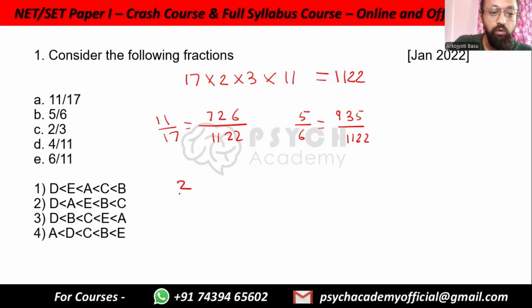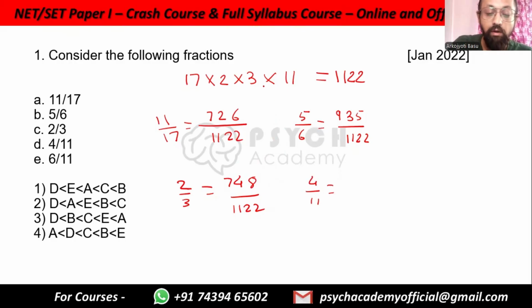Let's do 2/3. How much are we multiplying 3 by? We are multiplying 3 by 17 into 11, multiply all of that by 2, we get 748 by 1122. What is 4 by 11?